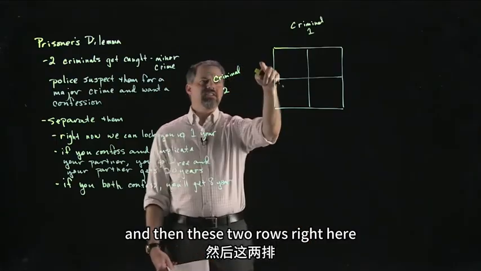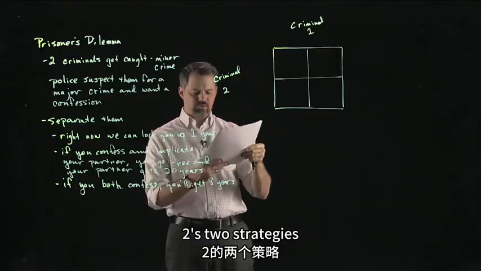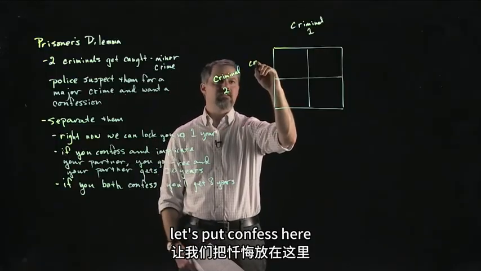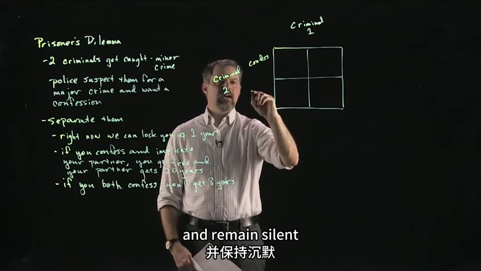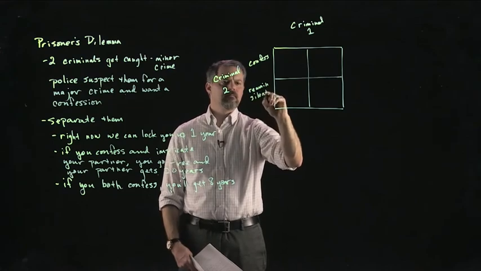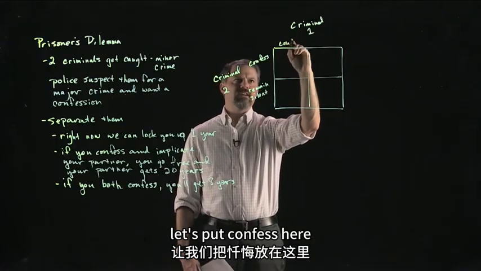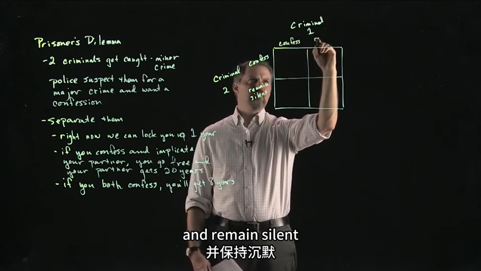These 2 rows are going to correspond to criminal 2's 2 strategies. Let's put confess here and remain silent. And then criminal 1 has the same 2 strategies. Let's put confess here and remain silent.